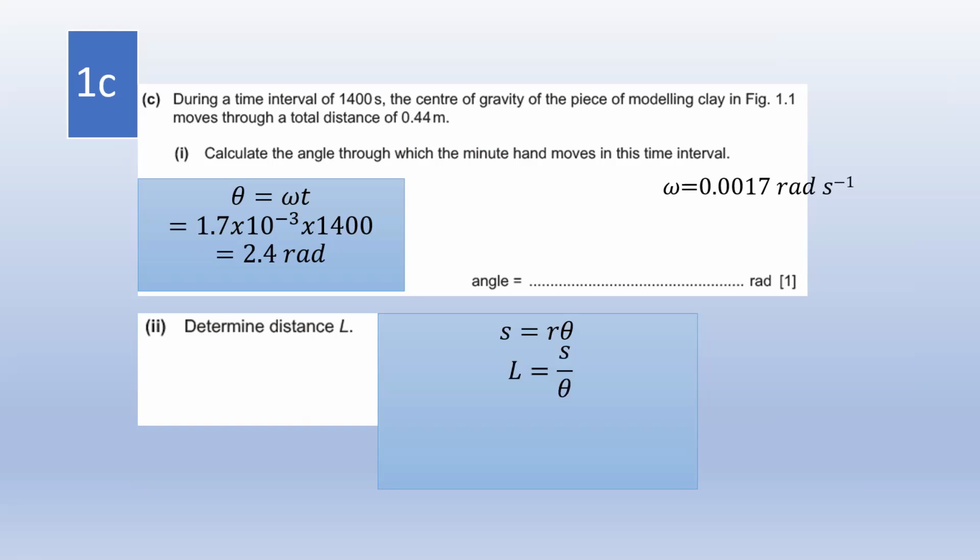So R is your L, S over theta. S is 0.44 meter, theta is that one, so L is 0.18 meter.